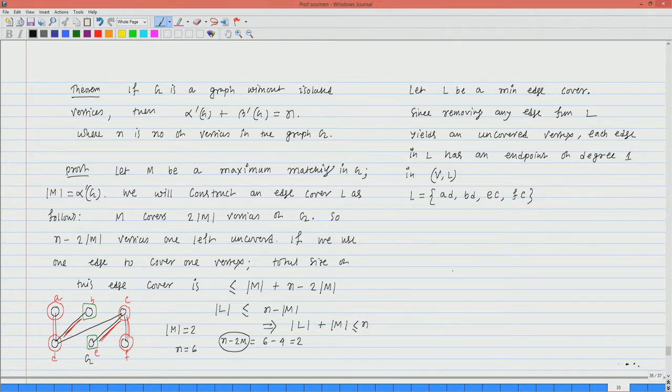What I mean by VL is simply the graph consisting of these edges only. So, this is A, B, C, D, E, F. This is AD, BD.